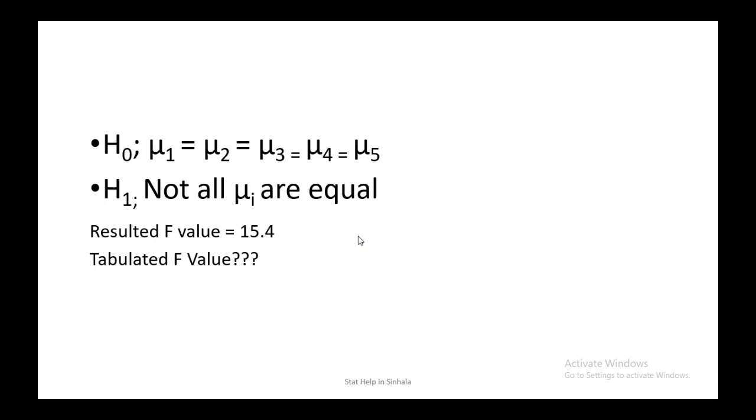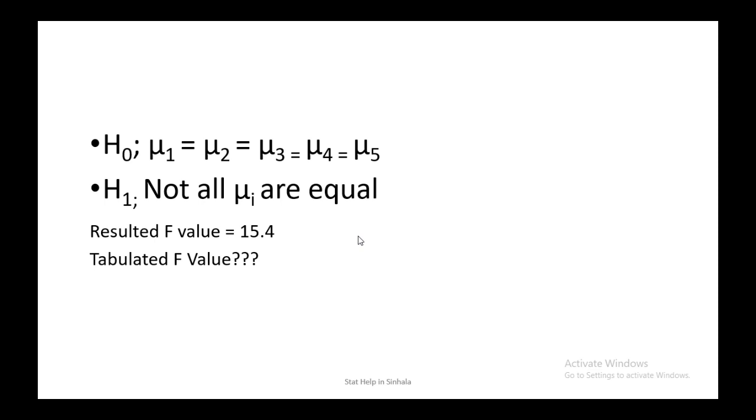Okay, now we can go for the conclusion. Before going to the conclusion, we have to think about the hypothesis. There are two hypotheses, the null hypothesis and the alternative hypothesis. In this experiment, the null hypothesis is that the mean value of the harvest of each fertilizer is equal.